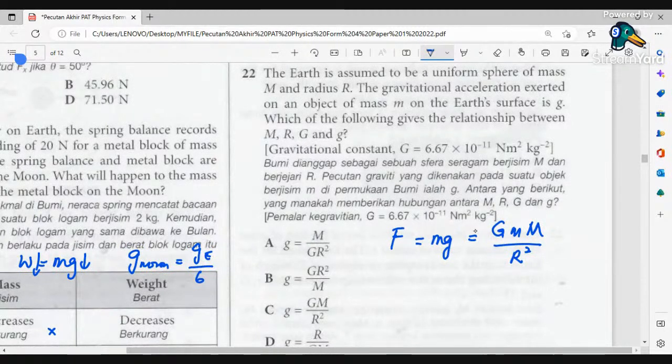Because it mentions on the Earth's surface, the value of small r equals capital R, the radius of the Earth. Cancel small m, so we get g equals GM divided by R squared.